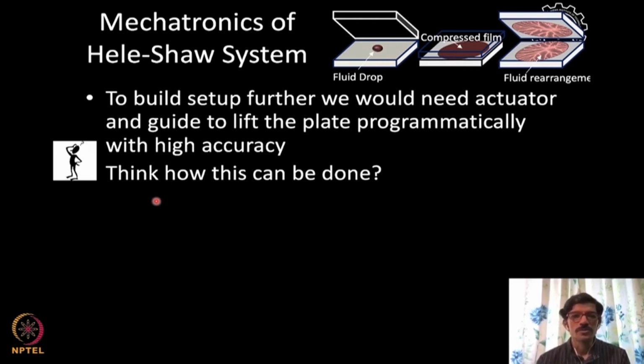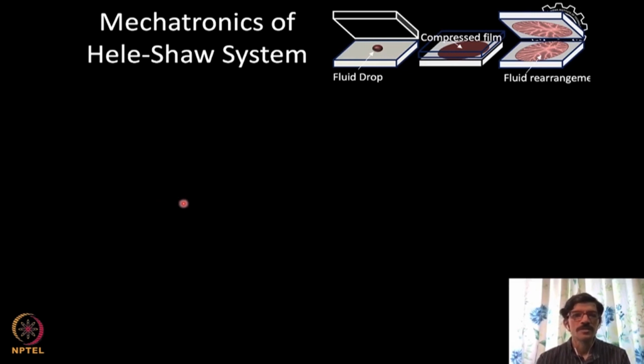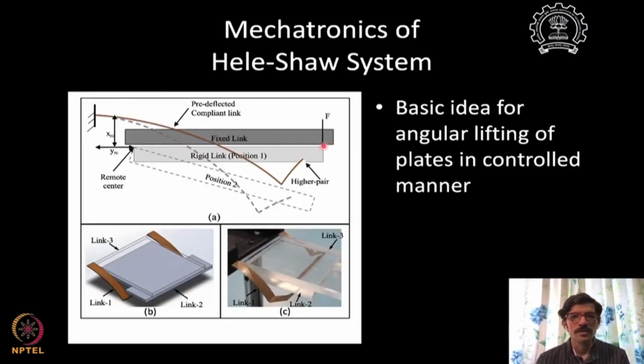You can see here that this lifting process is happening when some force is applied at this point, and this point is to move in a straight line fashion. Then how do we achieve that?